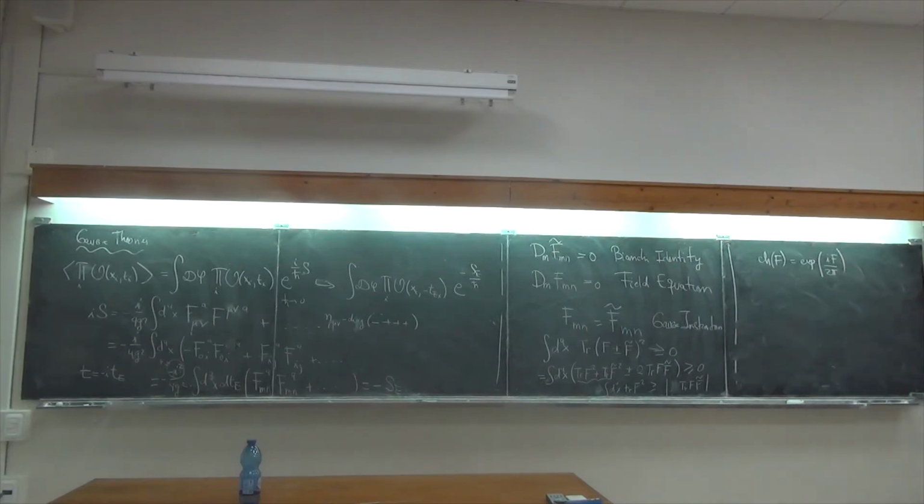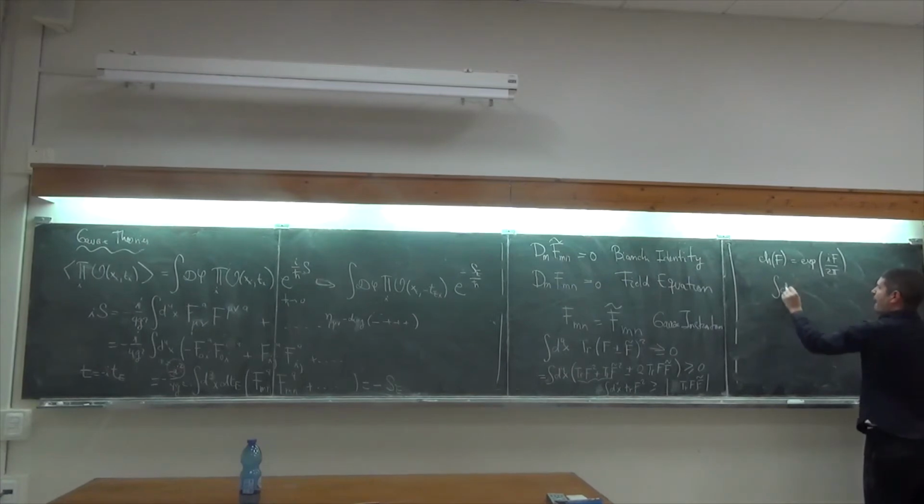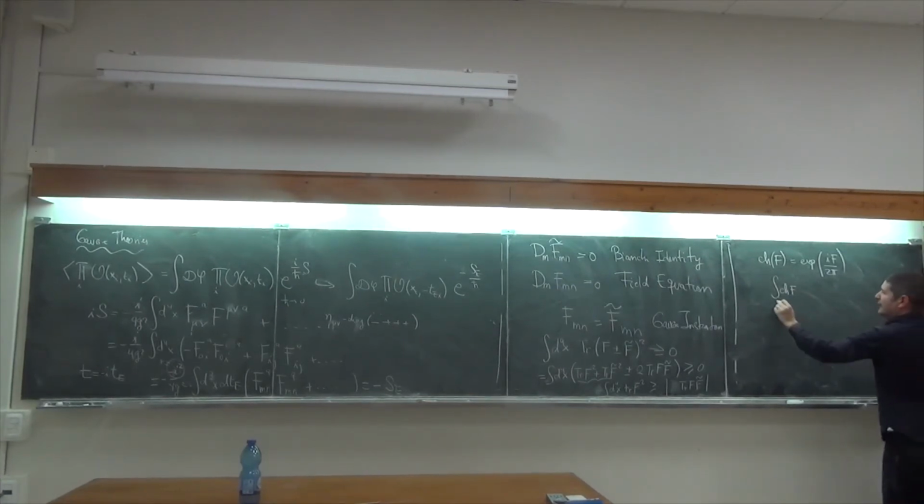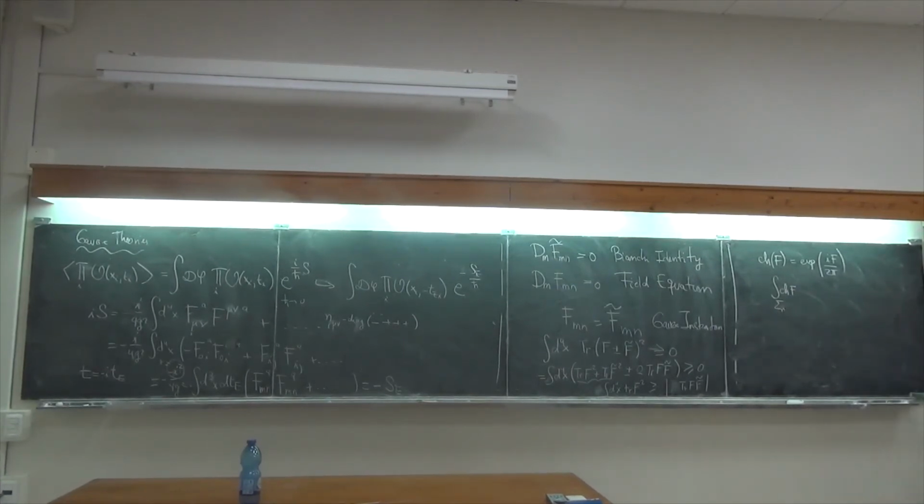And it is such that any integral of F over any, of course, n-dimensional surface, will be an integer. This is the statement. It's a mathematical theorem that says that if you take a connection and compute this exponential, any integral of this is an integer.